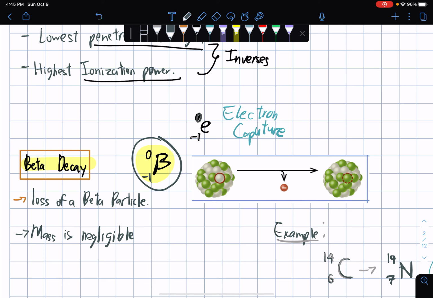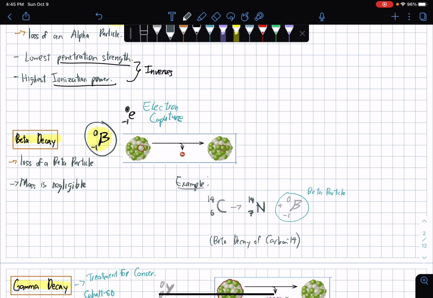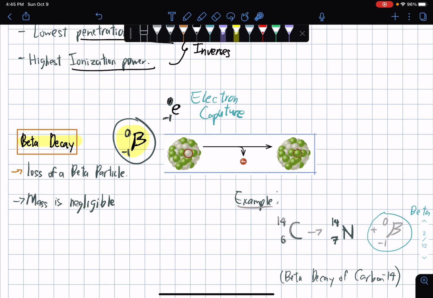There is no change in the atomic mass, but there is a -1 for the atomic number. They have the same illustration, the same models. What makes it different, according to my teacher in chemistry, is that for beta decay, usually this symbol is located in the reactant side part of the equation.